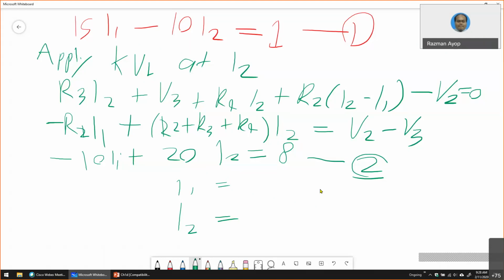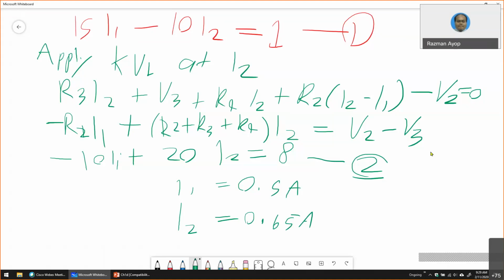So what is the answer? 0.5 ampere and 0.65 ampere. So you get the loop current.